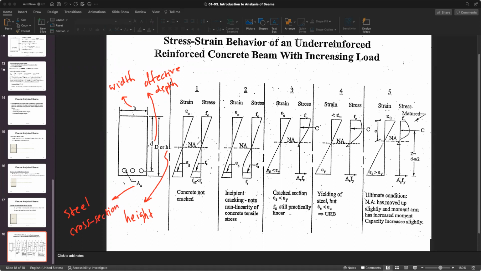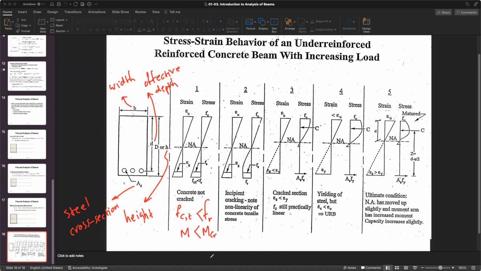So you're increasing the load. This is the first stage: concrete not cracked. Here, the concrete compression or tension stress is less than your modulus of rupture. It is not cracked, or M applied is less than M cracked.